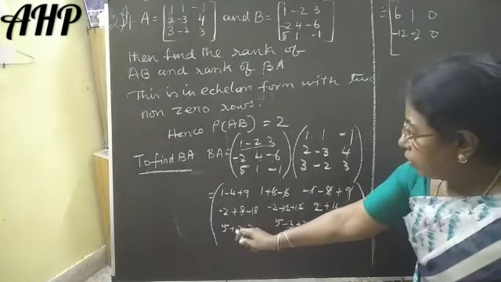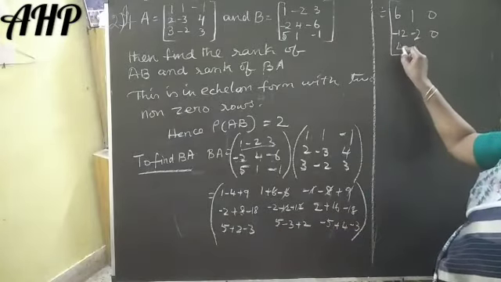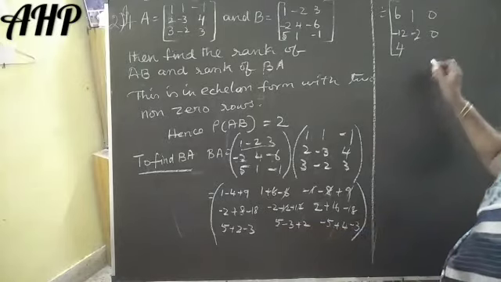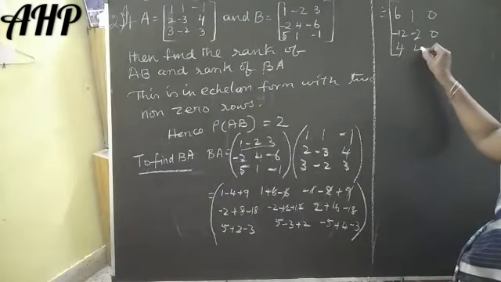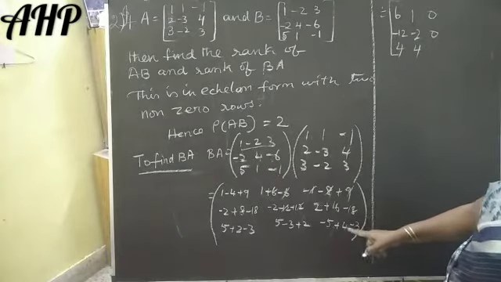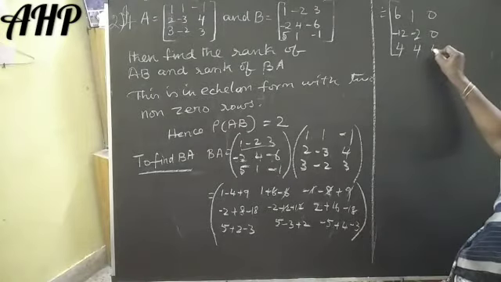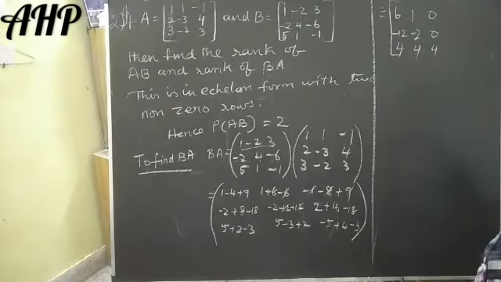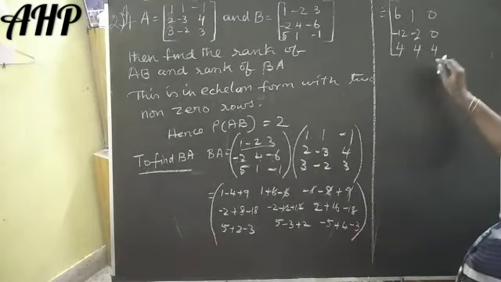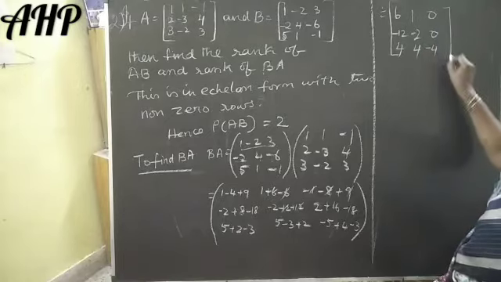Third row, 7 minus 3 gives you 4. Here minus 8 plus 4, sorry, minus 8 plus 4 gives you minus 4.